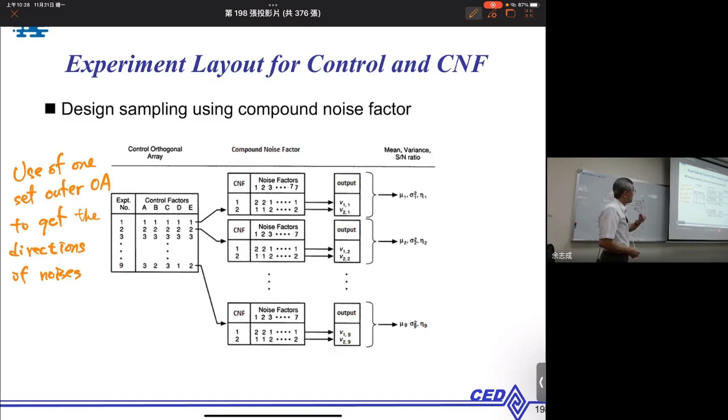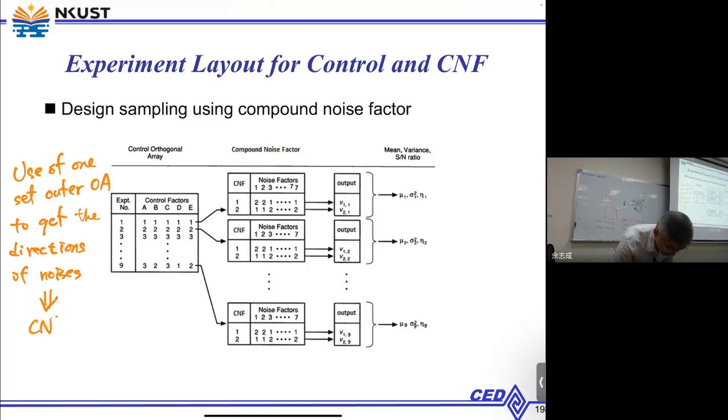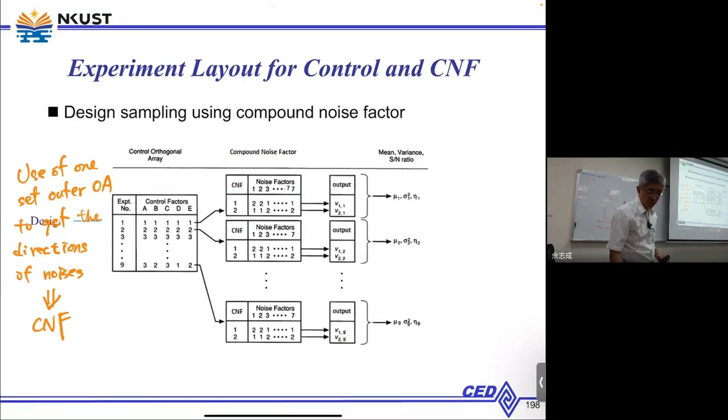We use one outer array to get the duration of the noise factors. So starting from here, we can get the compound noise factor. Then for the complete experiments, we don't need to go through outer array for every design. We just need to use compound noise factors, which are only 2 levels for each design.